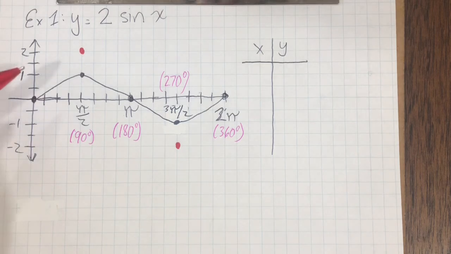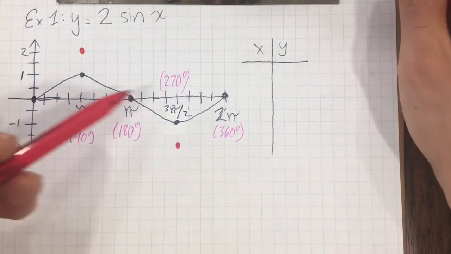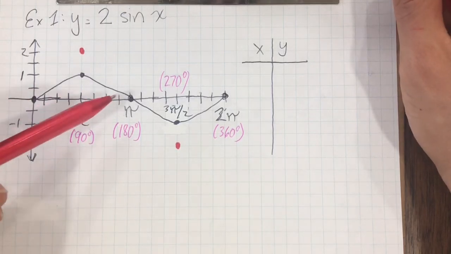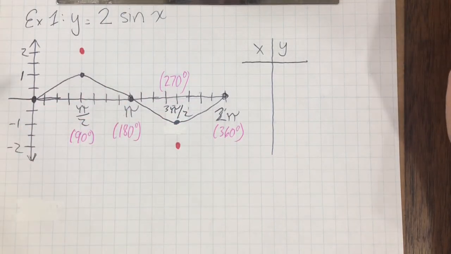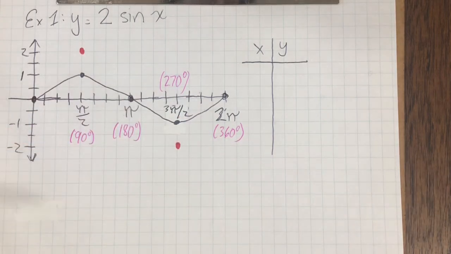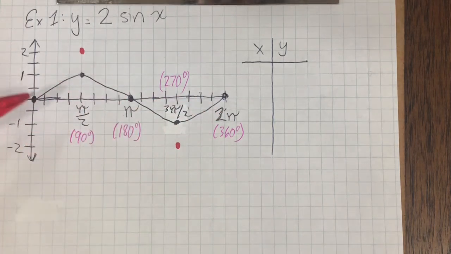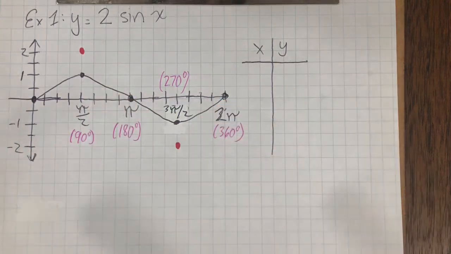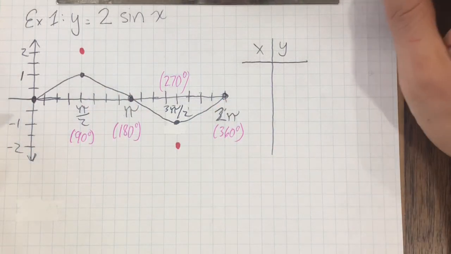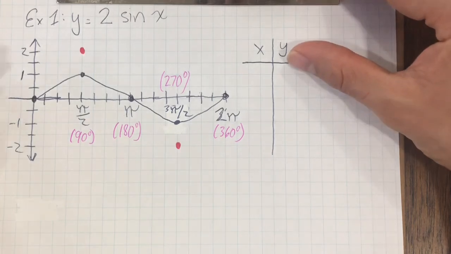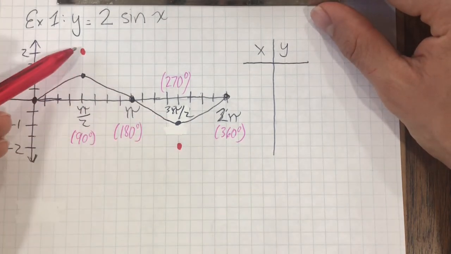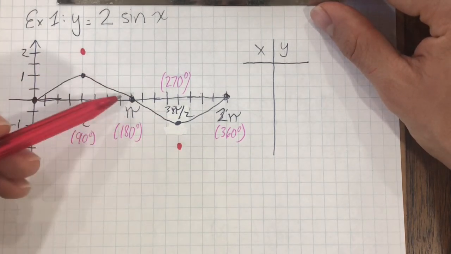However, we have these 3 points which are on the midline. For the points that are on the midline, we can't really figure out what the amplitude is, since they're not a maximum or a minimum. So the y values for my new graph at these points stay the same. What I'm going to do is connect the points from the maximum to the points that are on the midline.